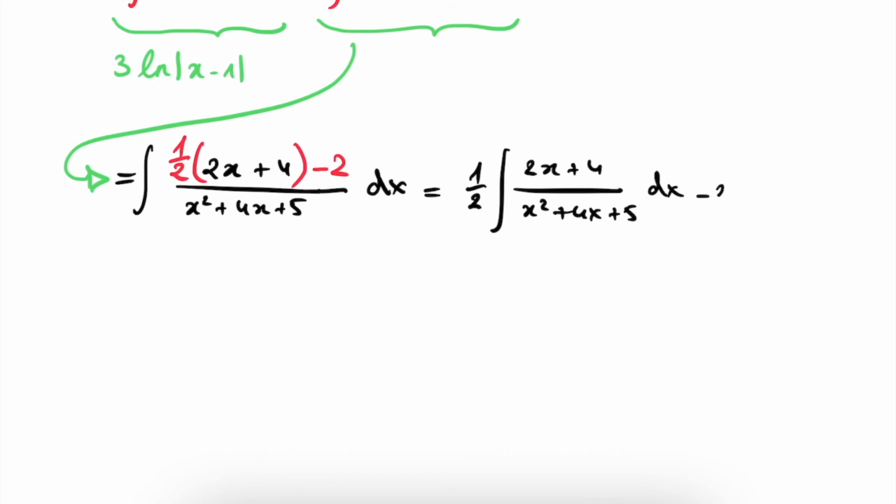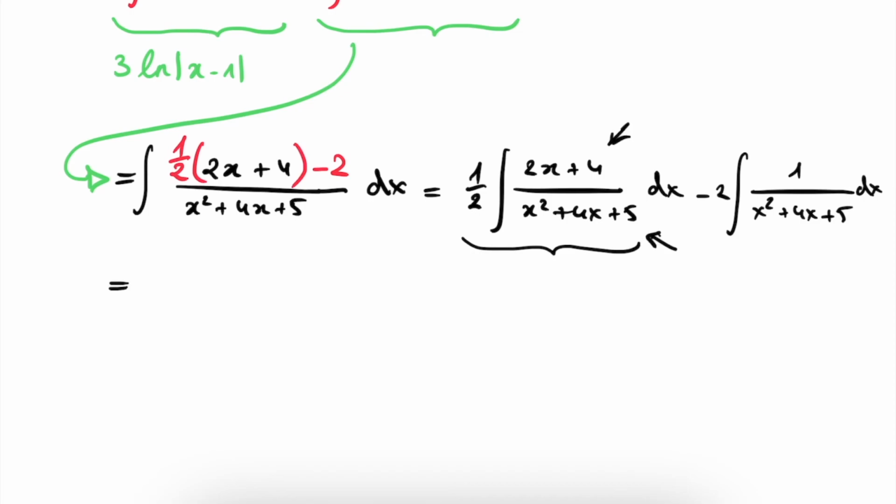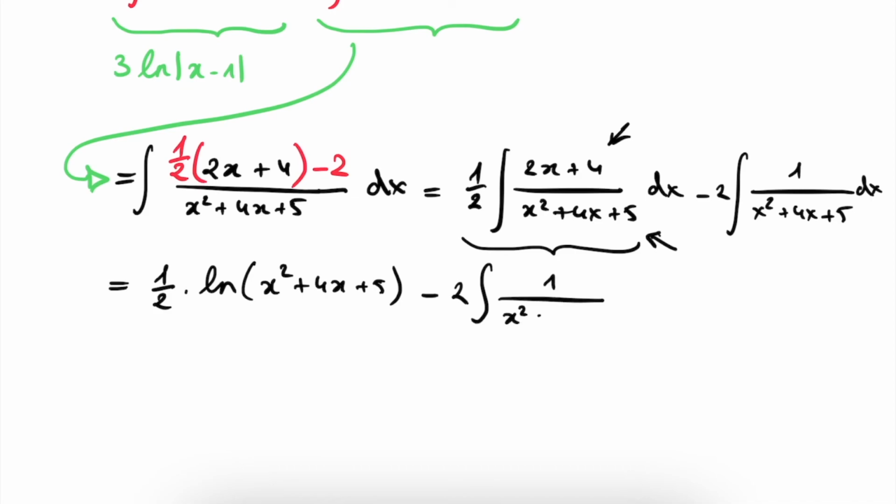So we have minus 2 times the integral of 1/(x squared plus 4x plus 5) dx, which is equal to, like I said, this integral can be easily solved because the numerator is the derivative of the denominator. So this will be 1/2 times the logarithm of the denominator, x squared plus 4x plus 5, minus 2 times the integral of 1/(x squared plus 4x plus 5) dx.